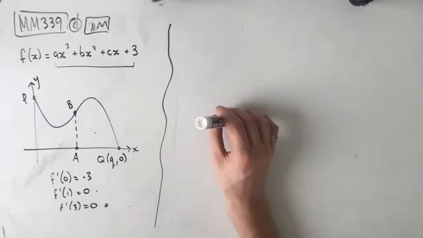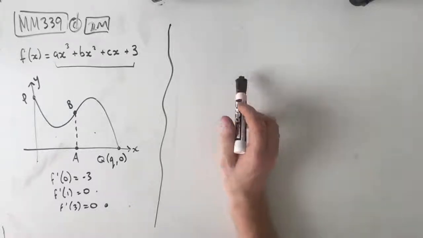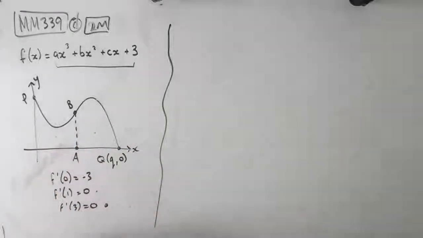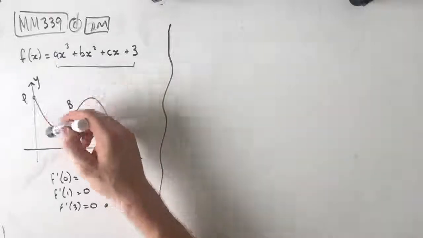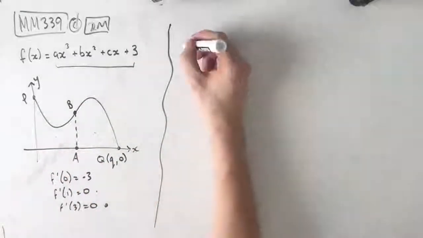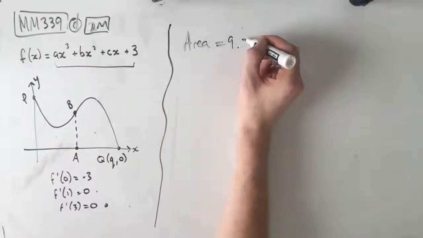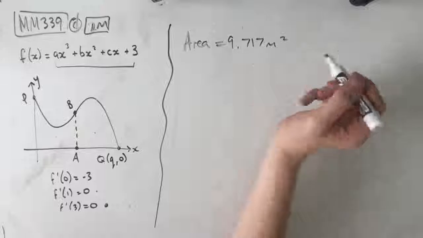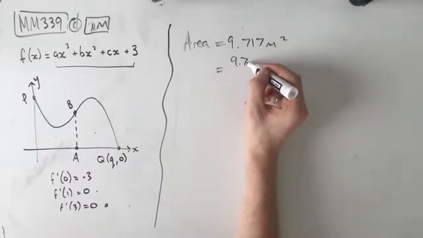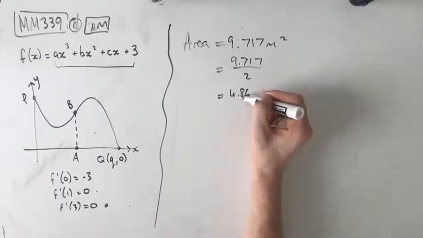Awesome. So when we talk about the same amount of basil as oregano, what we're really talking about is having the same area on either side of these two. Now we know that no matter where this fence is, the total area of the garden is going to be 9.717 meters squared, right? We found that out in the previous part. So half of that is going to be half of 9.717, which is 4.86, right?